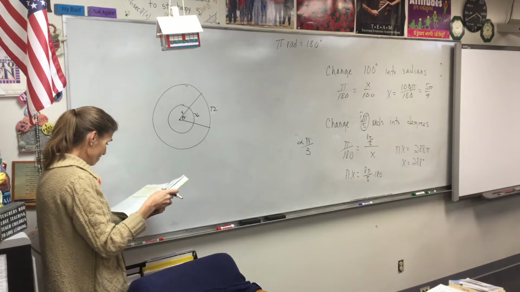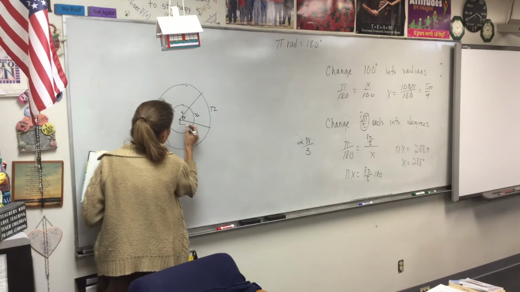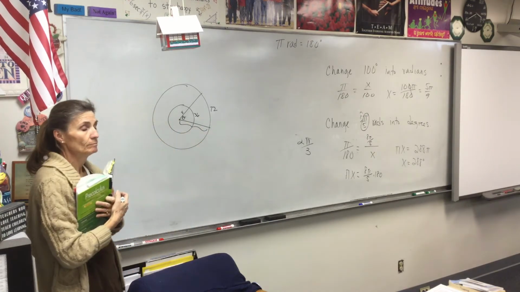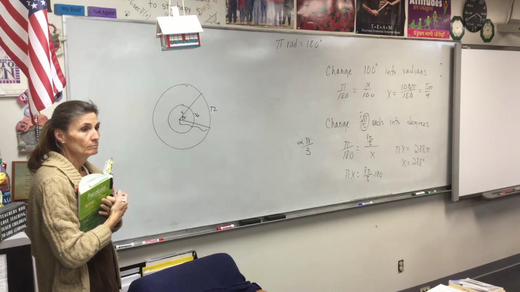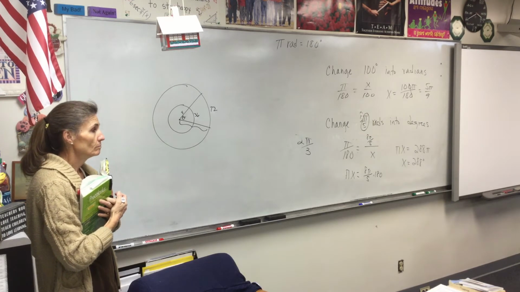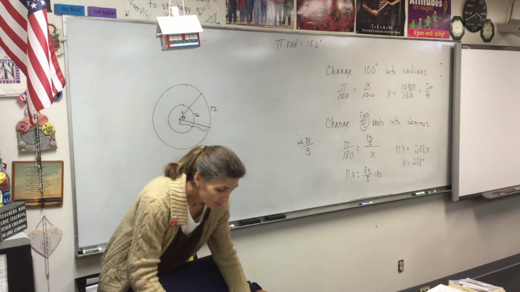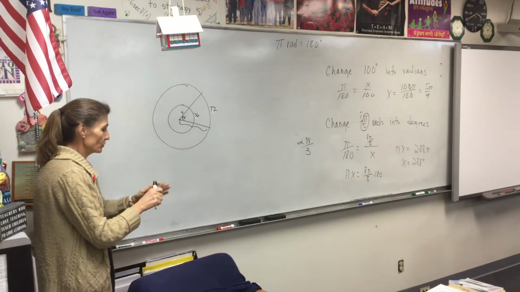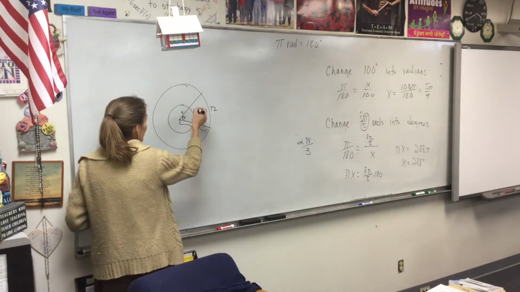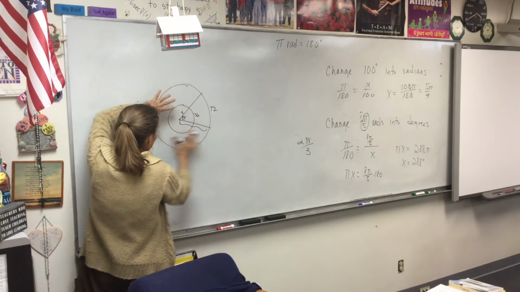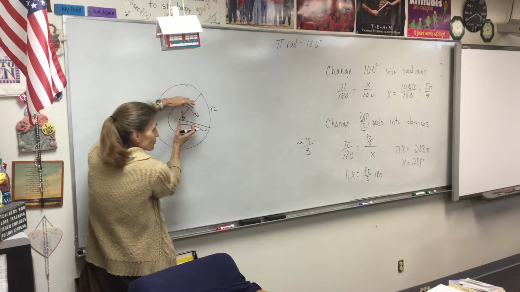Your job is to find the big radius. Now, I don't want you to be befuddled. I want you to look at this, try to get all the rest of this out. Look at just this little circle.